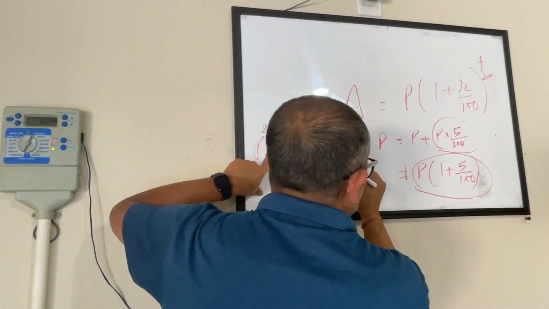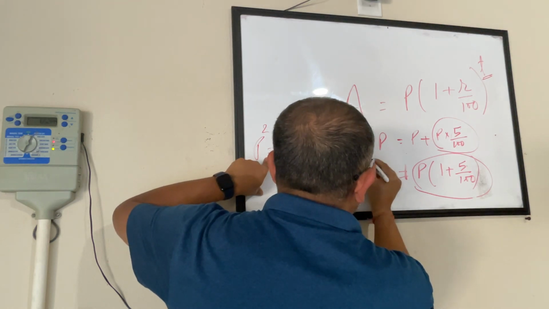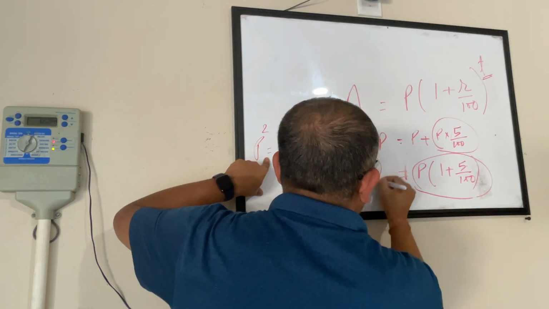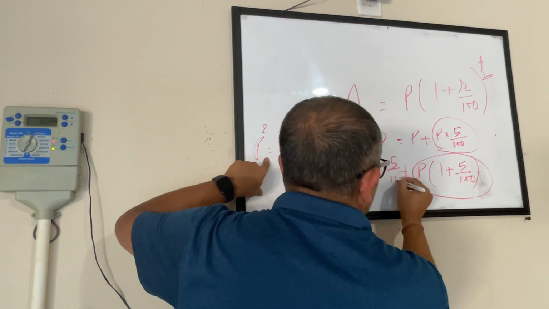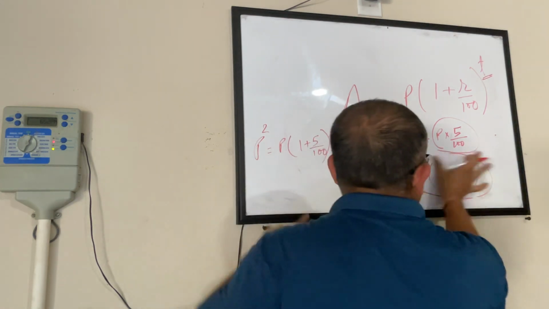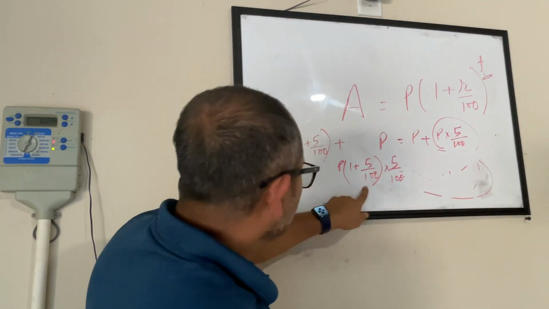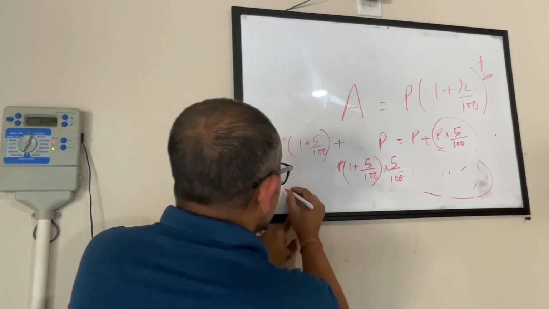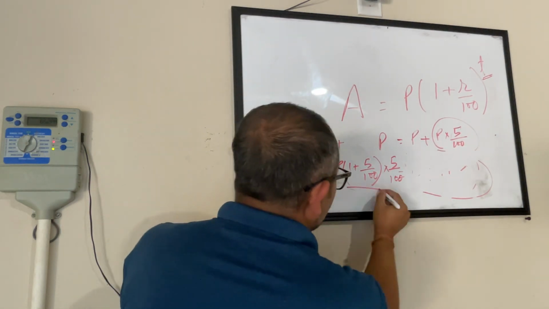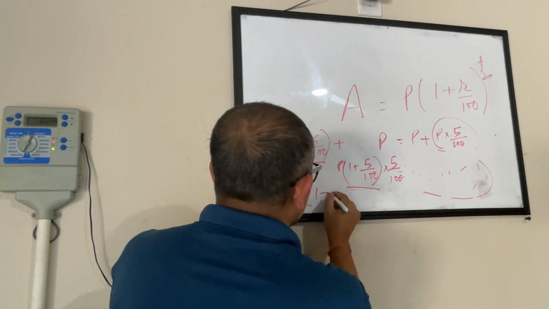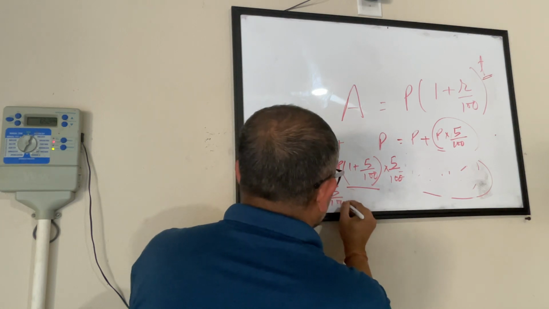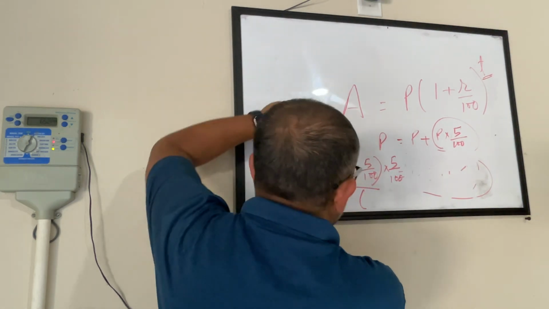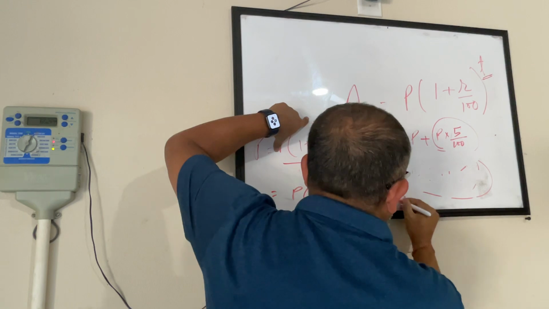So here what you can see is that this part is common in both, so I can take 1 plus 5 by 100 as common, and then this becomes 1 plus 5 by 100.